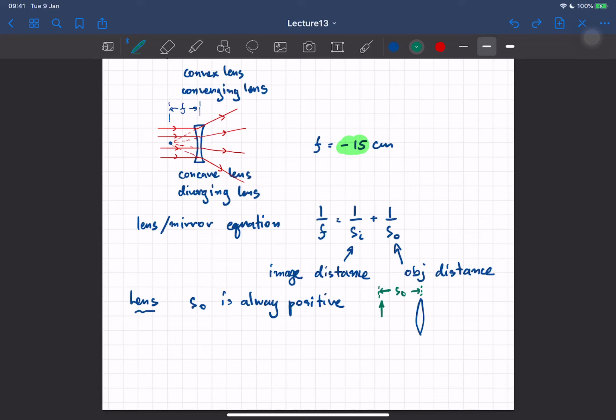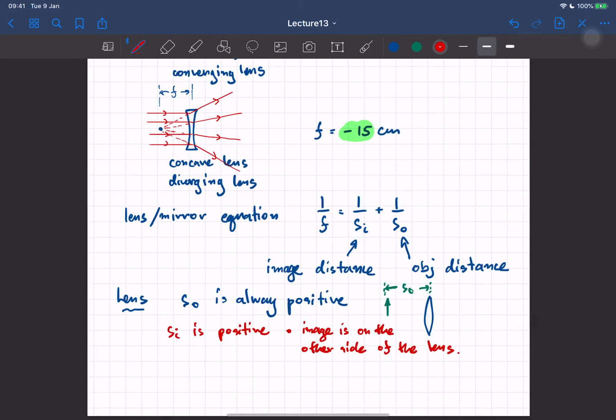So we're going to have two cases. SI is positive. This means pretty much two things. First, it means that the image is on the other side of the lens.